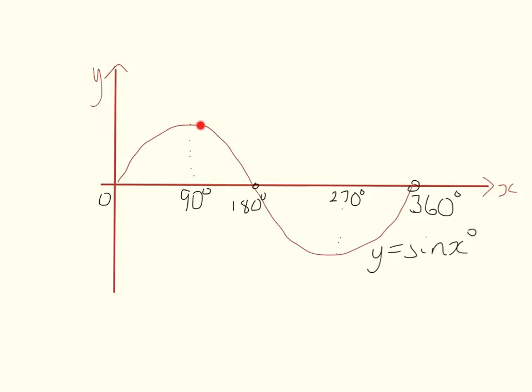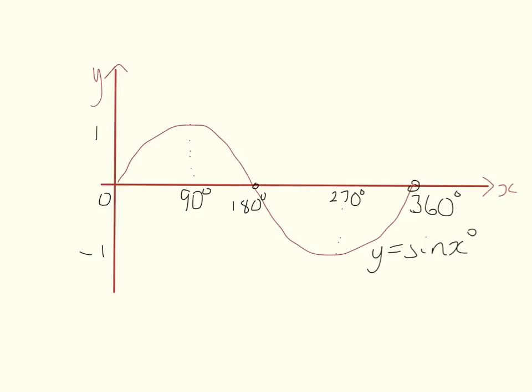So the sine graph starts at 0. It goes up to this maximum value here. To identify what this maximum value is, it's just a property that you need to remember. The maximum value is 1. And due to the cyclical nature of a sine graph, the minimum value obtained at this point here, if we were to go across, is -1.